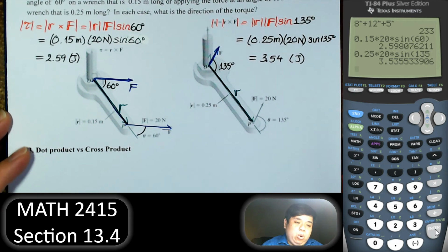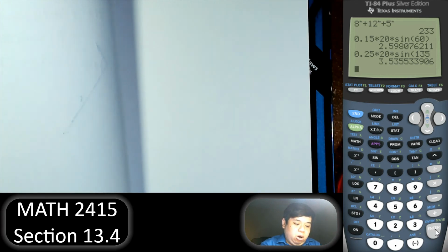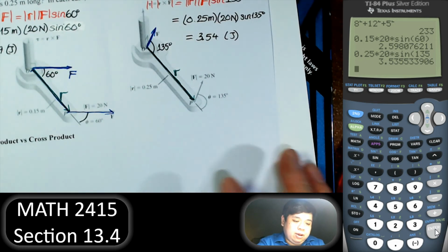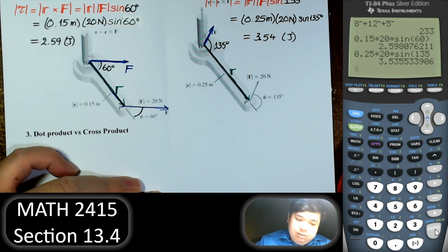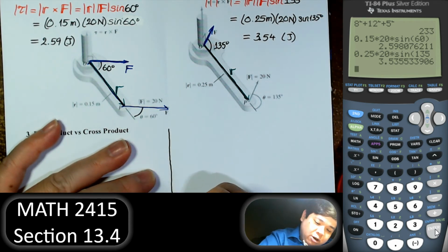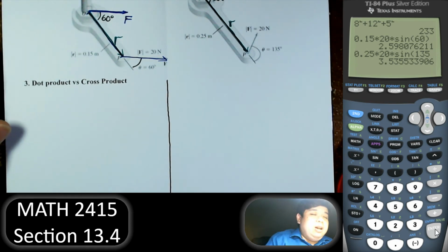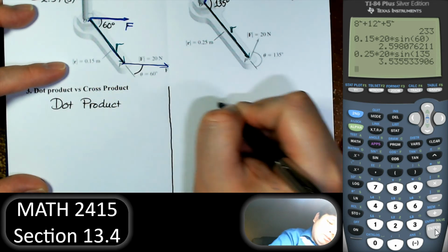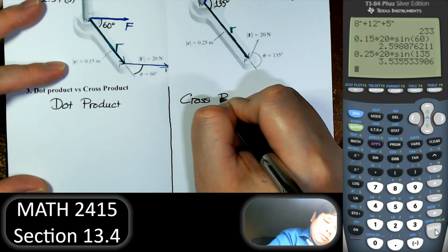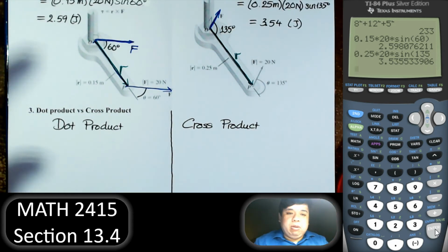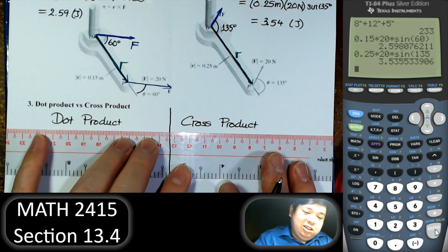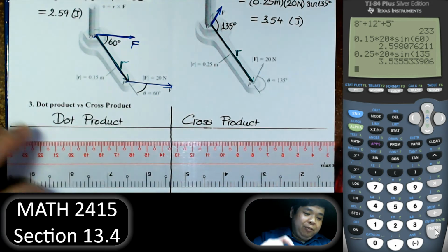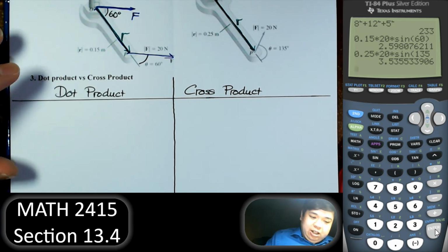Right. Next, we do the comparison between the dot product and cross product to conclude this section. So cross product and dot product. What do they have in common? Actually, I don't think they have anything in common. So what are their differences? Contrast.